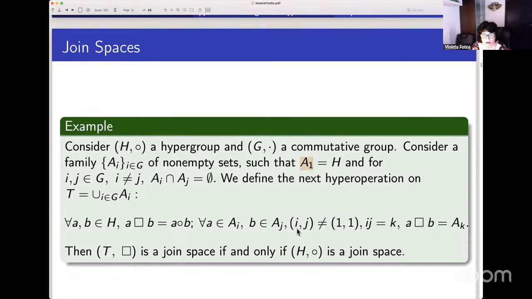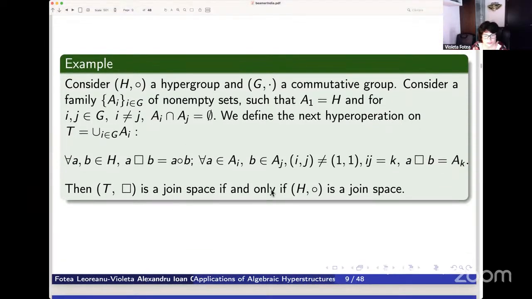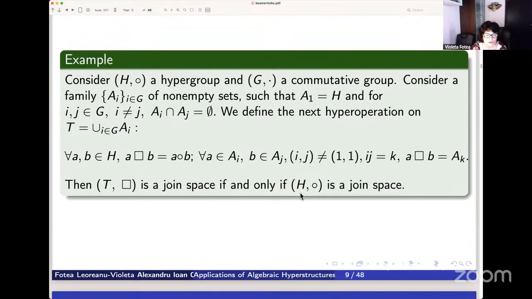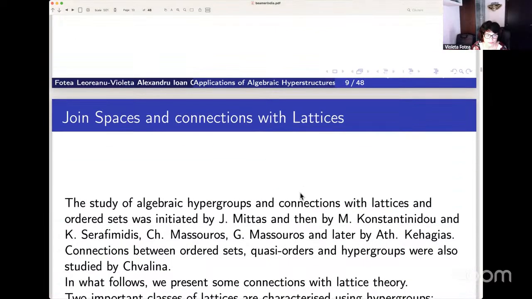And for indexes i, j such that at least one is different from the identity, A_i times A_j is A_k, where k is the product ij. And in this manner, we obtain a Jones space if and only if H is a Jones space. So it is a way of constructing a new Jones space starting from a hypergroup, in particular from a Jones space.